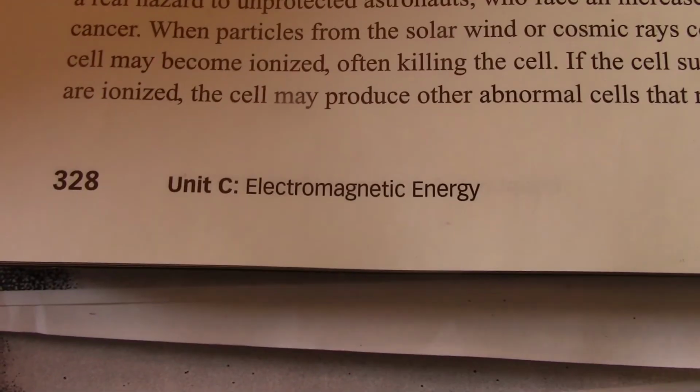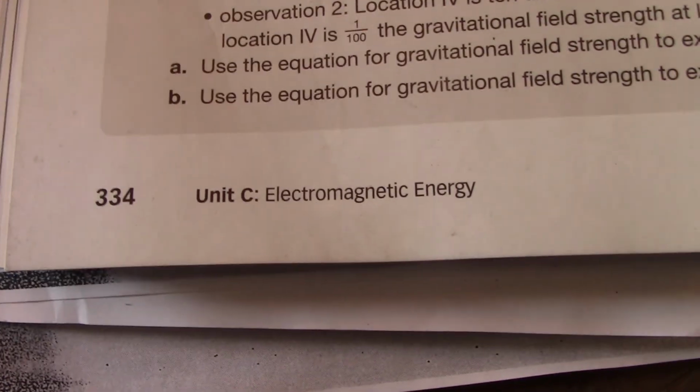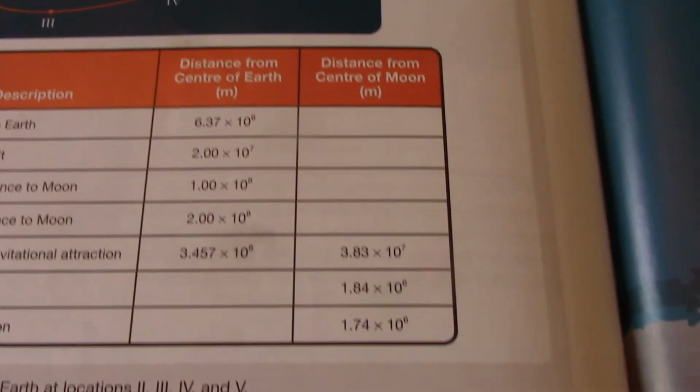So this stuff about gravitational fields and magnetic fields is on page 328. You should do page 334. You should look at these questions, 12 through 15.